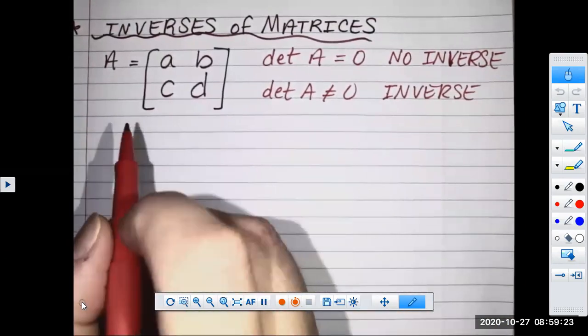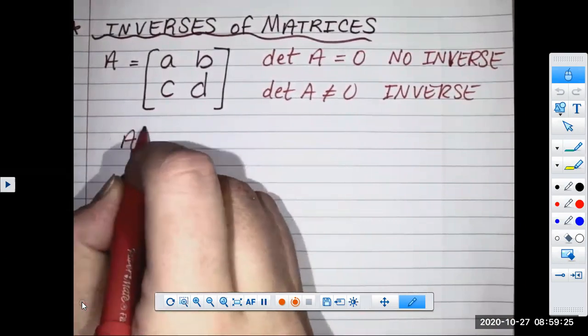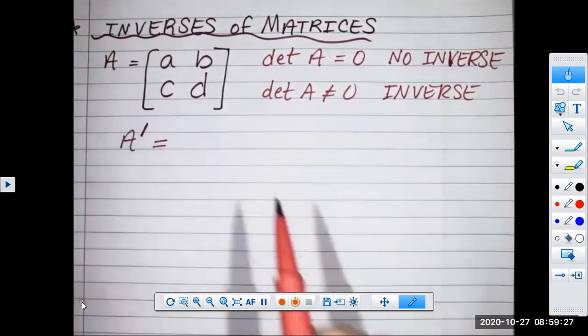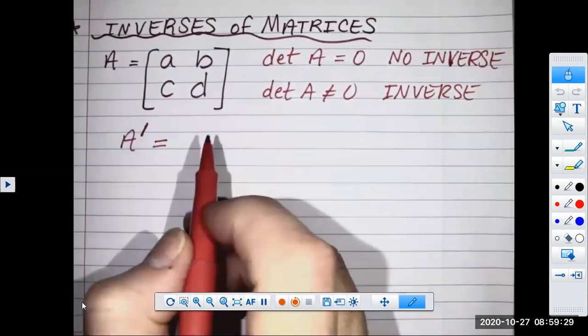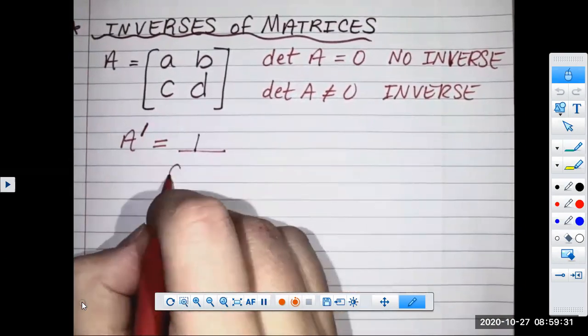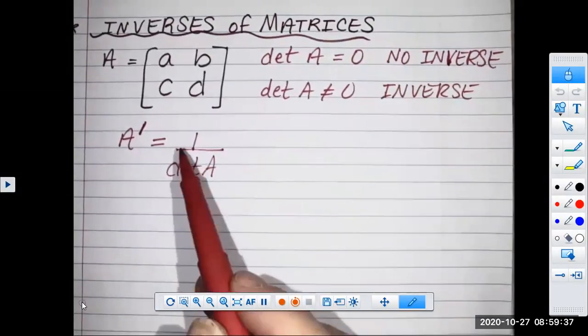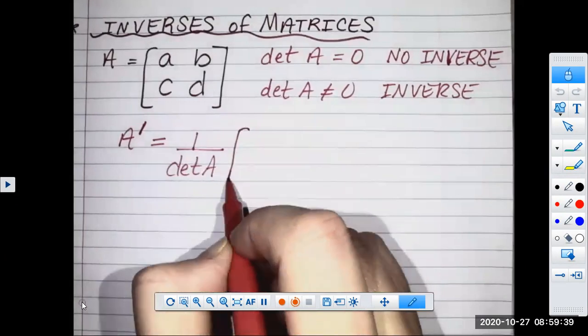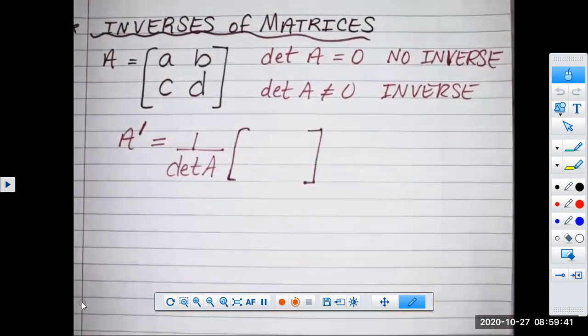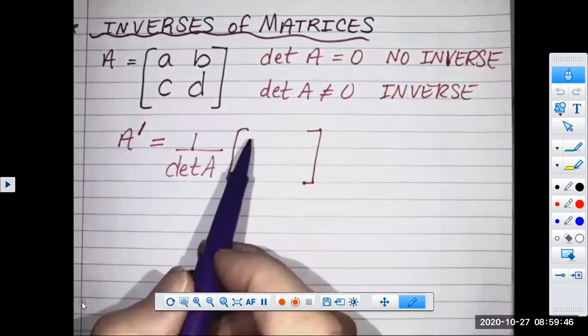If it has an inverse, you use that determinant value in your formula. So A inverse equals 1 over the determinant. In a lot of inverses, you're going to have fractions. This actually creates a fraction. You have to multiply that to all the elements you get in this new matrix.